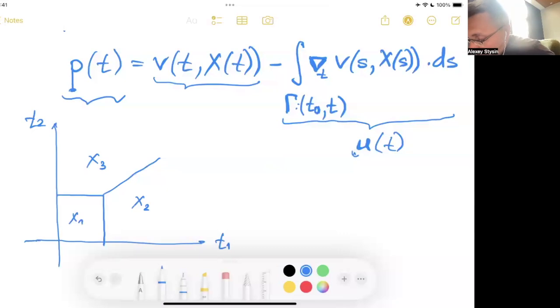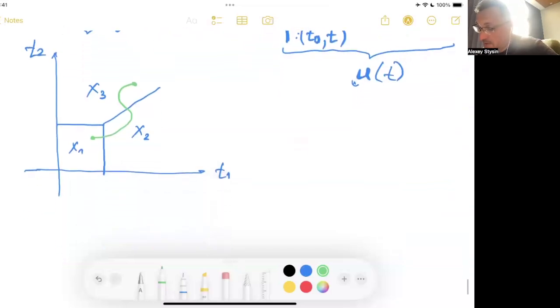So in order for this to work, we need to make sure that our decision rule X works like this. We should be able to take any starting point and any ending point and draw any curve around here. And the computation of that integral should not depend on the path.